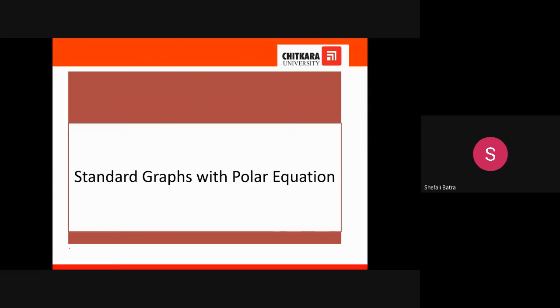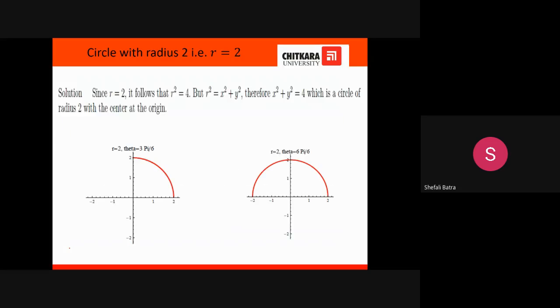Now come to the standard graphs with polar equation. Polar equation means the equation is in terms of r and theta. So you need to remember some standard graphs or curves. First is the circle with radius 2. r is equal to 2. If we are writing simply r is equal to 2, you know what is r? We have discussed r is what?